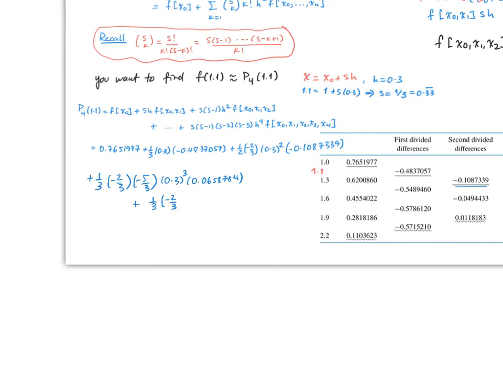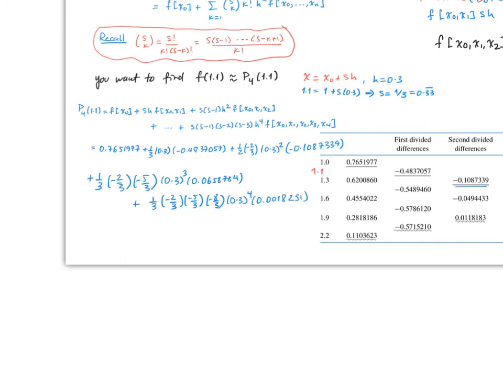1/3 times negative 2/3 times negative 5/3 times negative 8/3. How do we get that? Well, that's from here. If s is 1/3 and you subtract 3, you will get minus 8/3, and then times 0.3 to the 4, and then times 0.0018251.